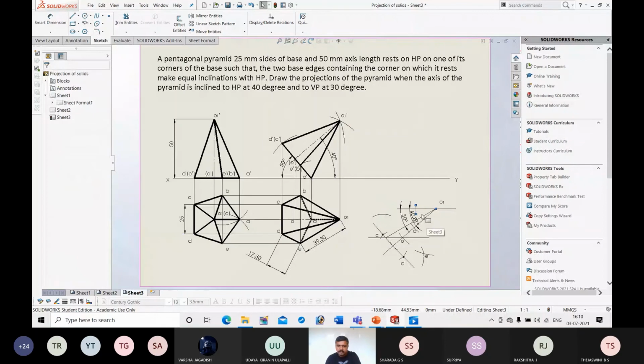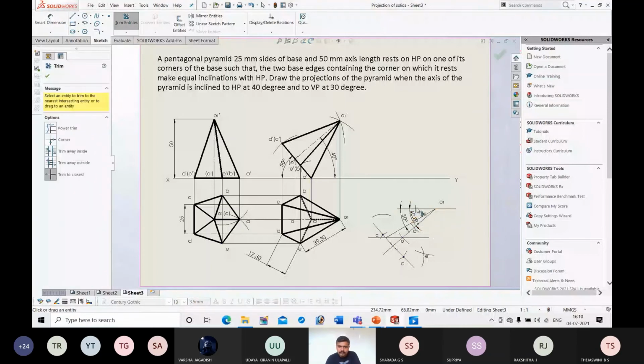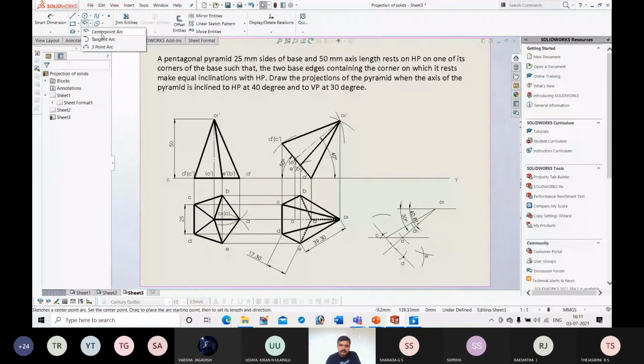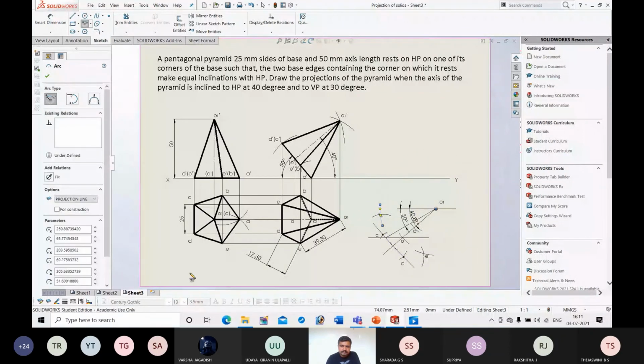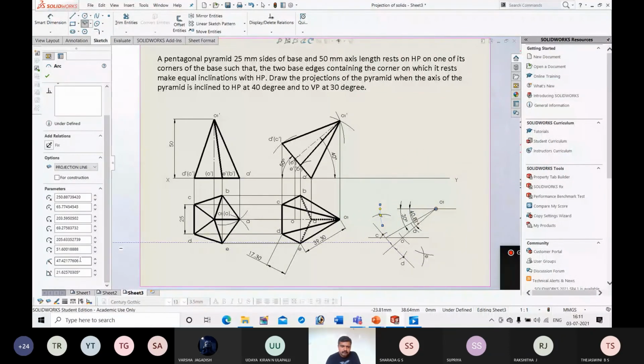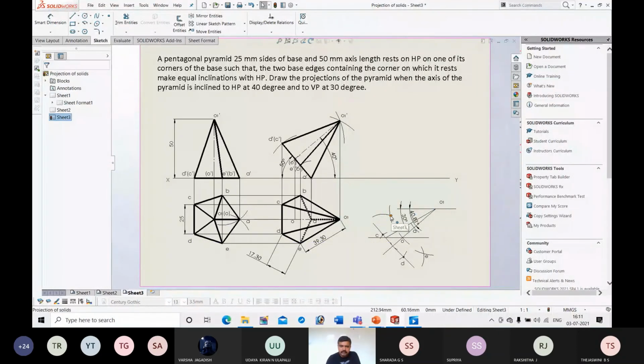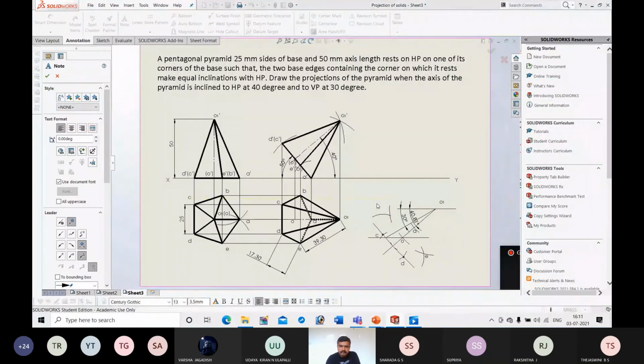Sorry, not 17.30, it is 39.30. O1 as center, 39.30 as radius, I will draw an arc. So this point is B.